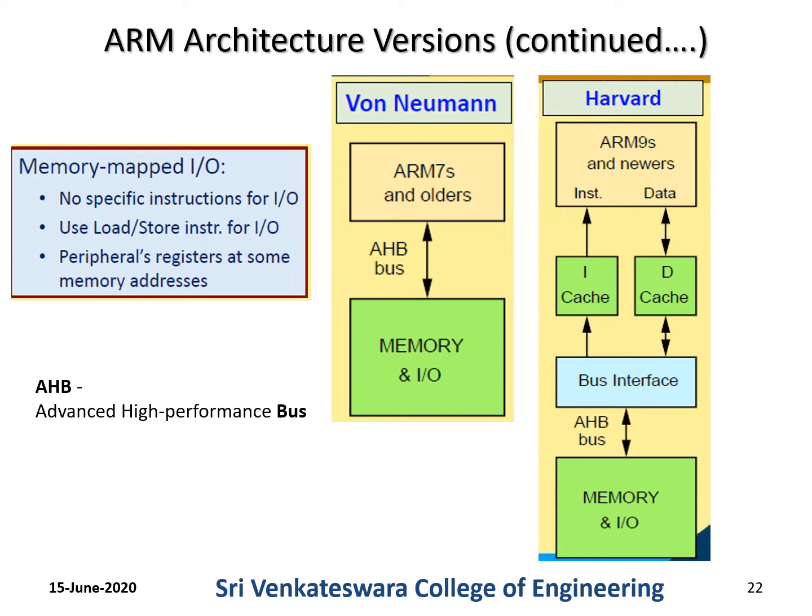In both types of architectures, the input ports and output ports are considered as one of the memory locations. This kind of mapping is called memory mapped I/O. Because of this, there are no specific instructions for fetching input or sending output. Using simple load and store instructions, inputs are fetched and outputs are sent from the processor.